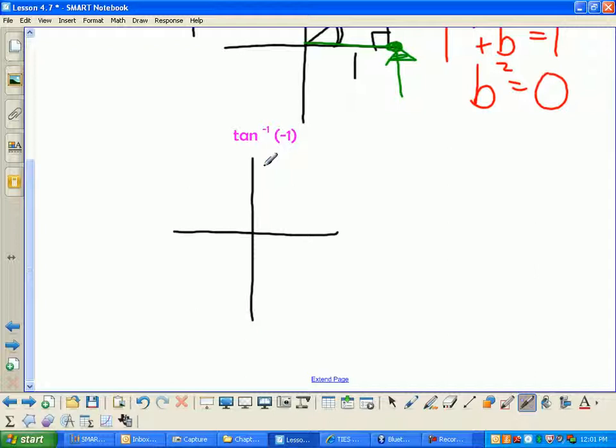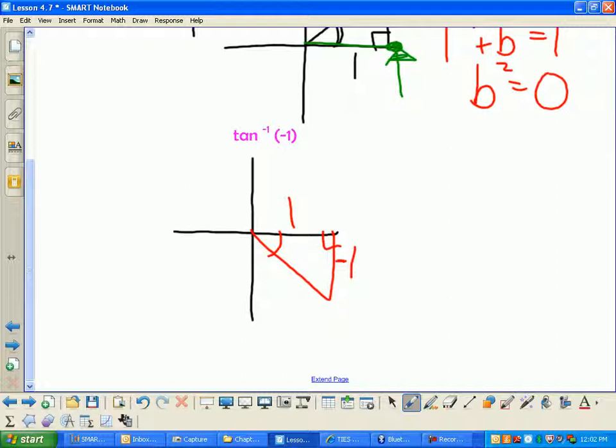So I want to know what's the one special angle that gives me negative 1 as a tangent value. Tangent's positive up here. Tangent's negative down here, so it's got to be down here. Tangent is TOA, so opposite over adjacent, and one of them needs to be negative, and it's going to be this one because of the way I go over and down.